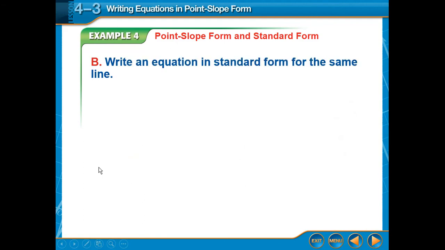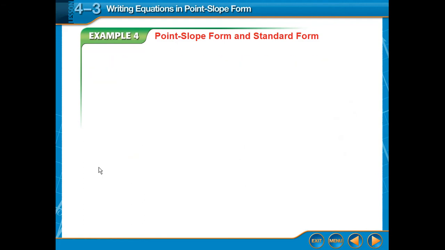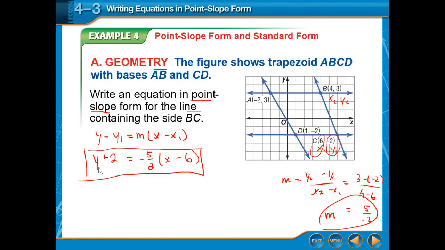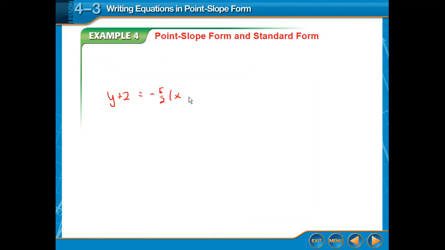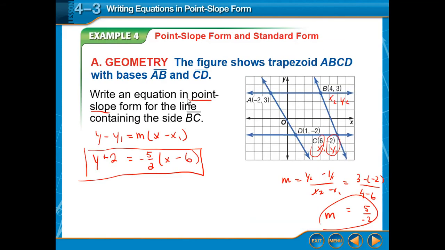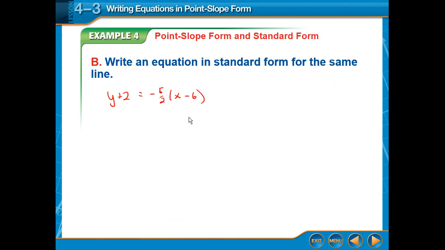Okay, part B says to write the equation in standard form for the same line. If I want this to be standard form, I can rearrange this. So y plus 2 equals negative 5 over 2 times x minus 6. I'm going to distribute that slope through.